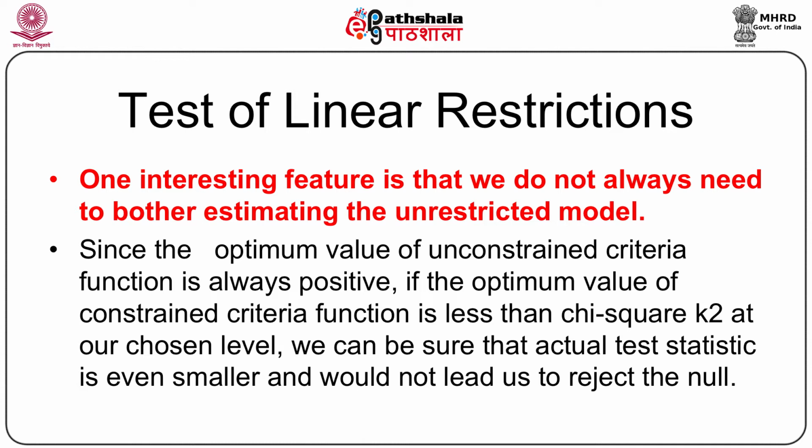So if the estimated optimum value of the constraint criteria function is less than the tabulated value of the chi-square with k2 degrees of freedom at the chosen level of significance, that automatically would lead us not to reject the null hypothesis. That is, in this case we accept the null hypothesis that H0: k2 is equal to 0, beta 2 equal to 0.